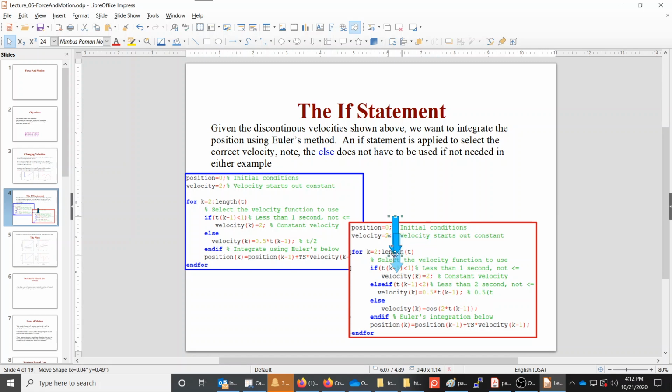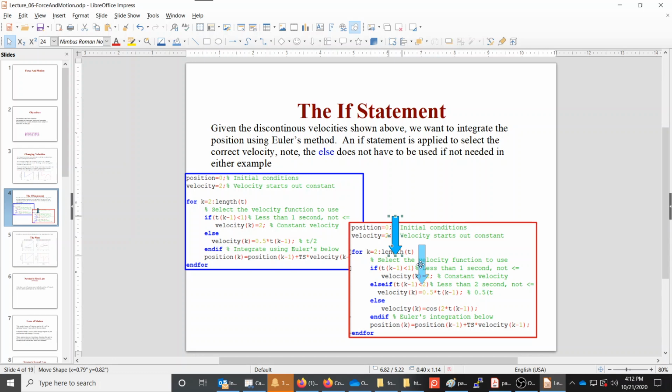But if the first if question is false, then I'm going to go and ask another question. I'm going to say, well, wait a minute, that one was false. Let's ask another question. In this case, this question is asking if it's less than 2.